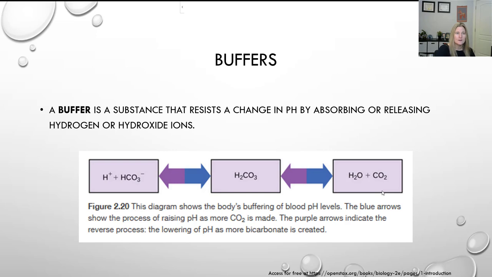So if we have a bunch of excess hydrogen ions floating around, those hydrogen ions are going to bond with the bicarbonate in order to form carbonic acid, and that's going to remove it from that solution. That excess carbonic acid could then be converted into carbon dioxide, which we can exhale to get rid of it.